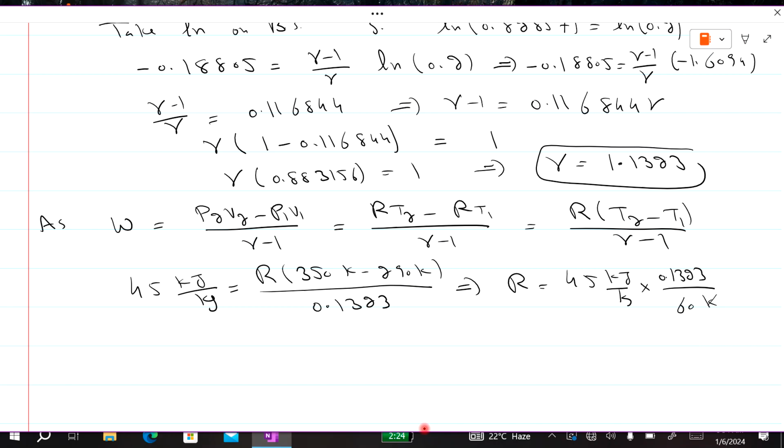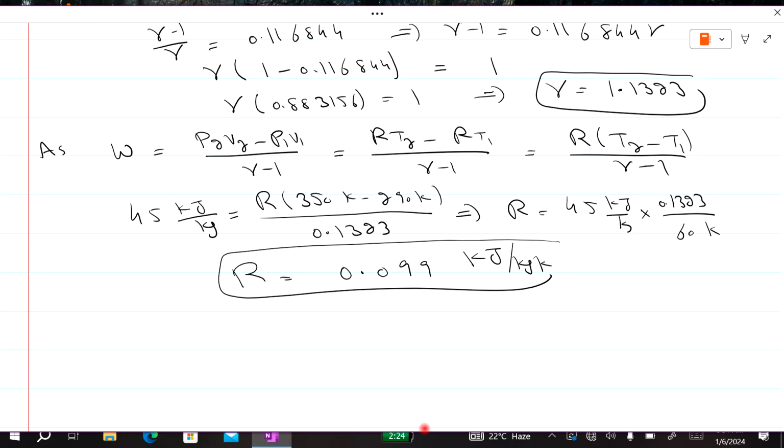Kelvin will be cancelled. So R is equal to 0.099 kilojoule per kilogram per Kelvin.